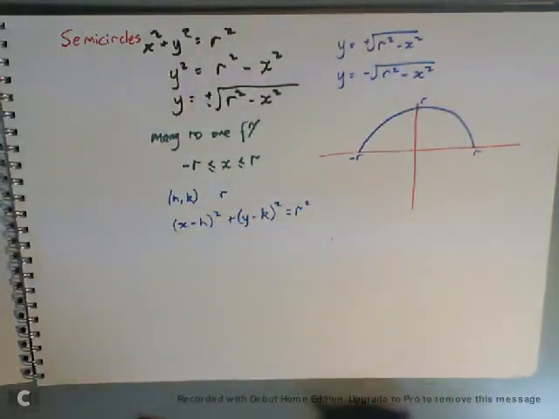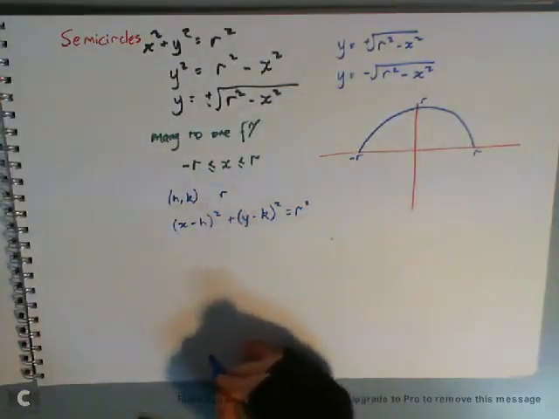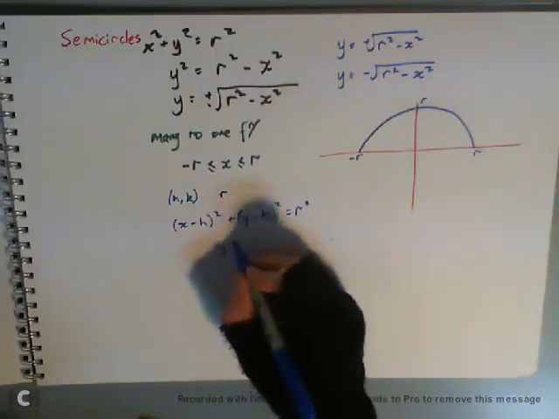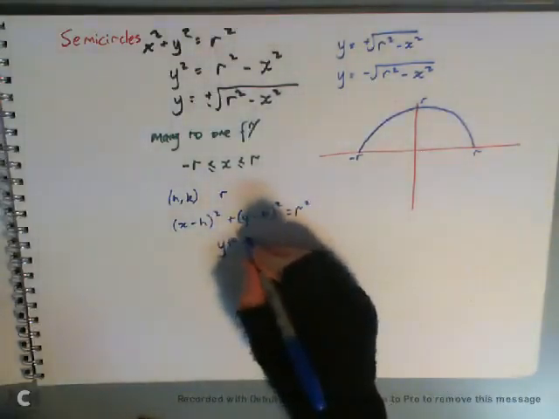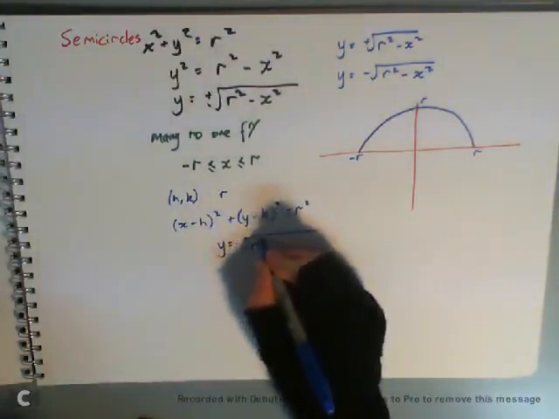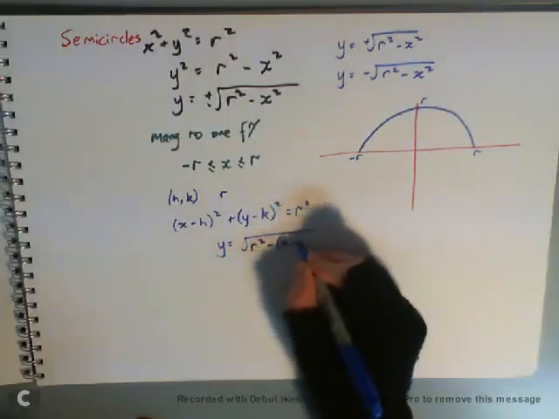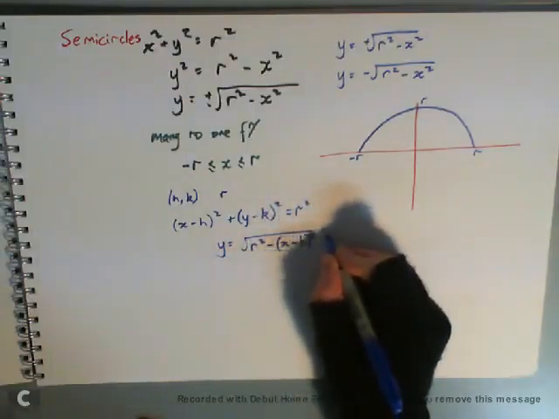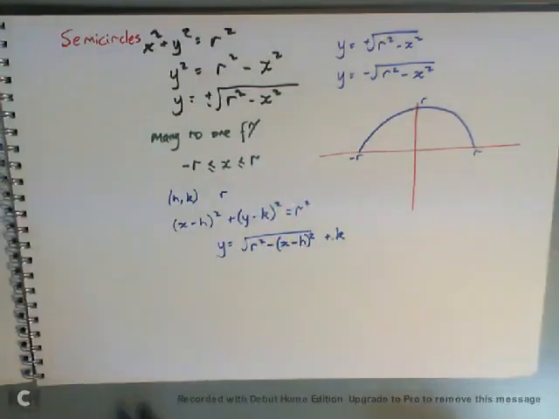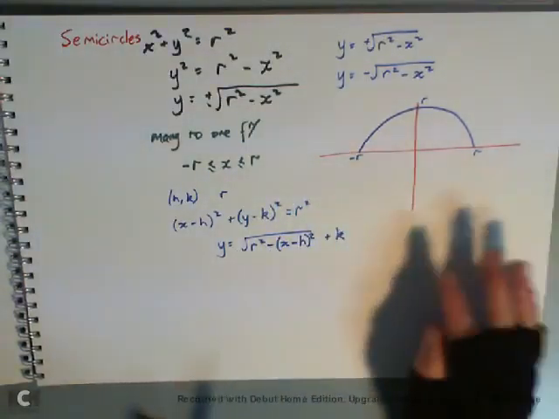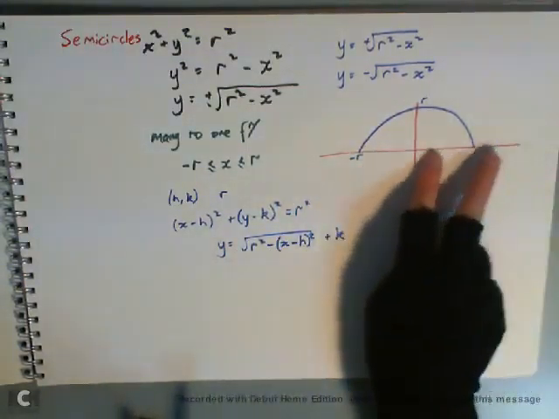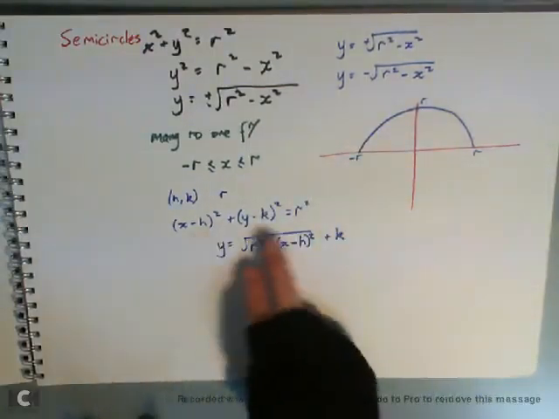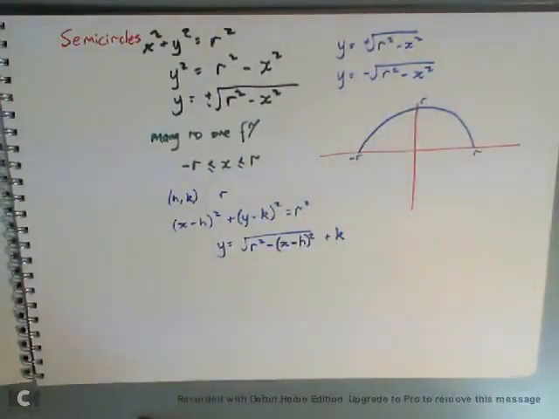If we rearrange it, I'm not going to go through it, we'll get a very similar case where we get the square root of r squared take x minus h squared, plus k. Very similar. That's a semicircle which has been moved left or right or up and down.